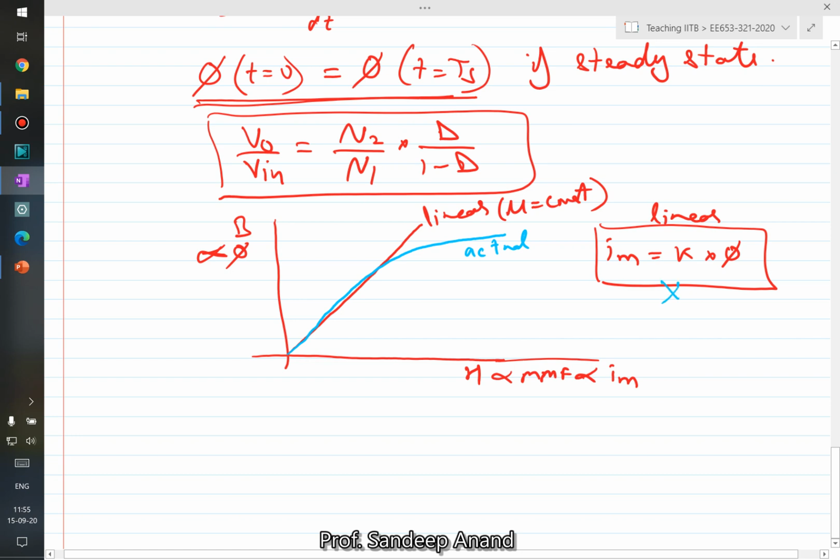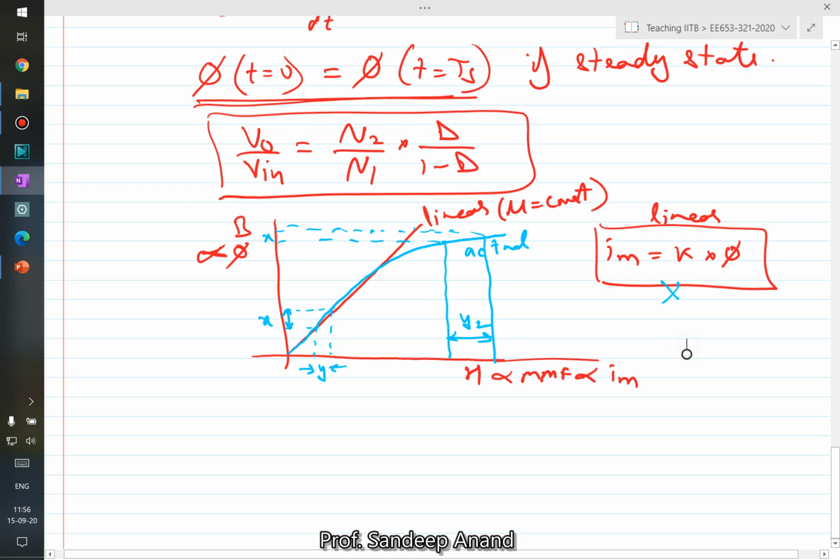But what you understand is that in the beginning, if there is an X amount of change in flux, that would correspond to some Y amount of change in current. But as you move towards saturation, the same X amount of change in flux would lead to much more change in the current. So this is Y2.